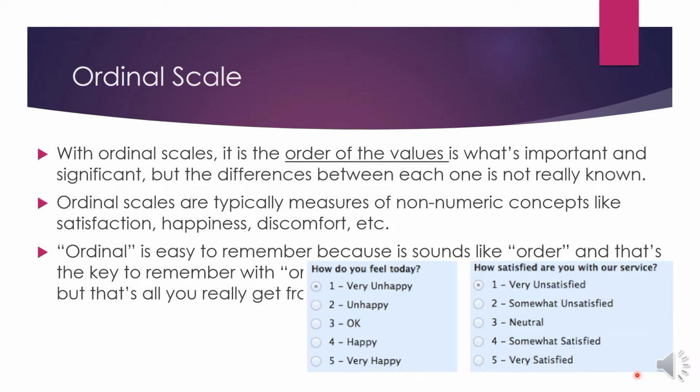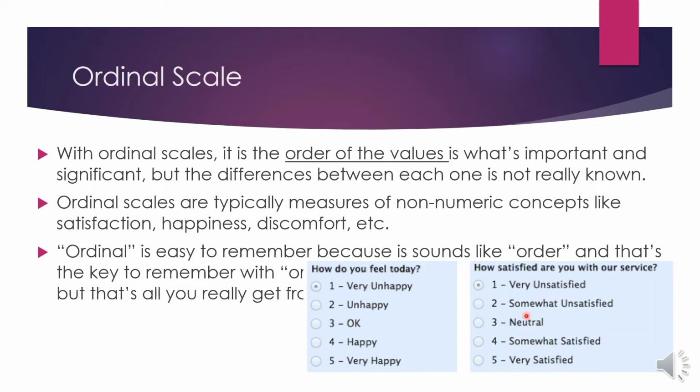In each case, we know that a number 4, in this case, is happy. In the second case, somewhat satisfied is better than a number 3 or number 2. So here in the second case, we have neutral, somewhat, and satisfied.